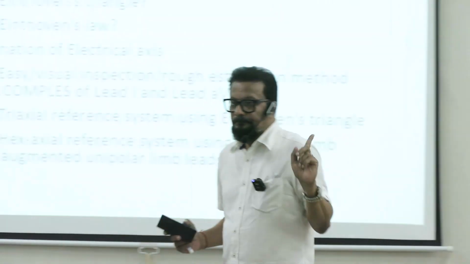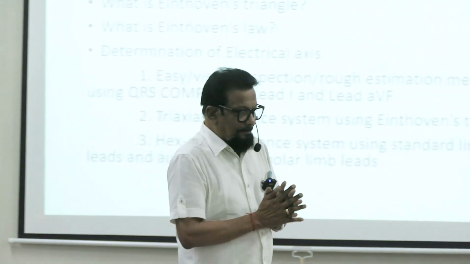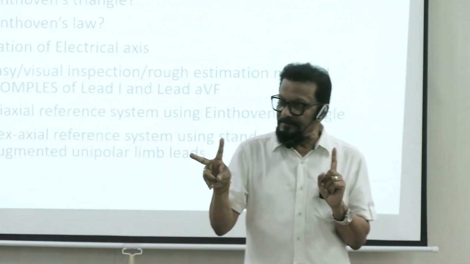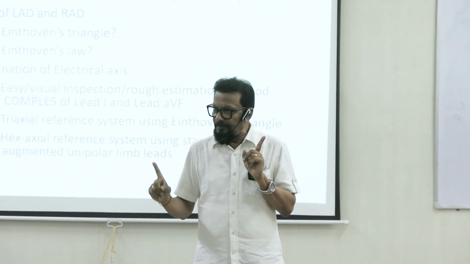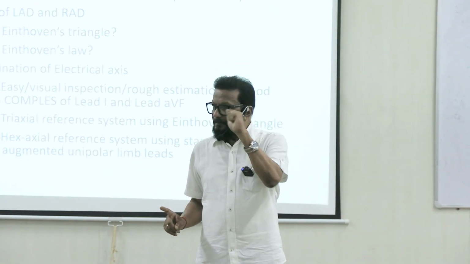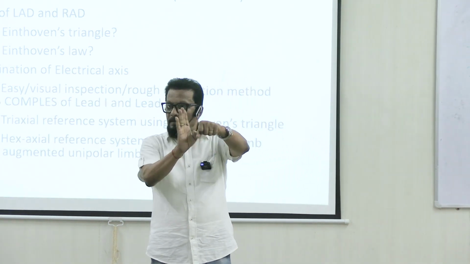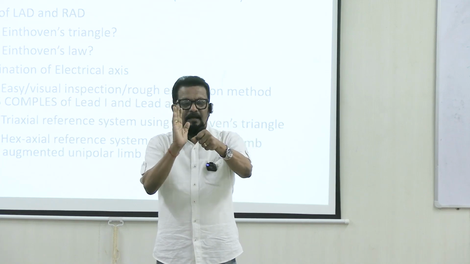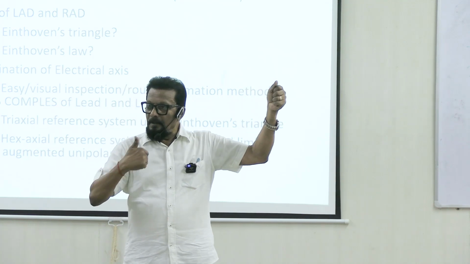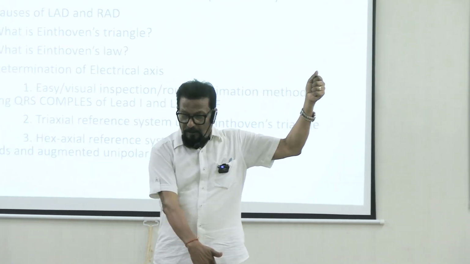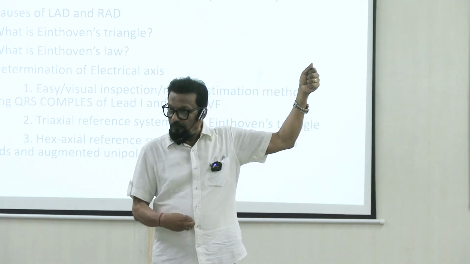What are the augmented limb leads? Here there are two terminals, one negative and one positive. While I record the voltage difference of the left arm, all other electrodes are joined together and made potential 0.